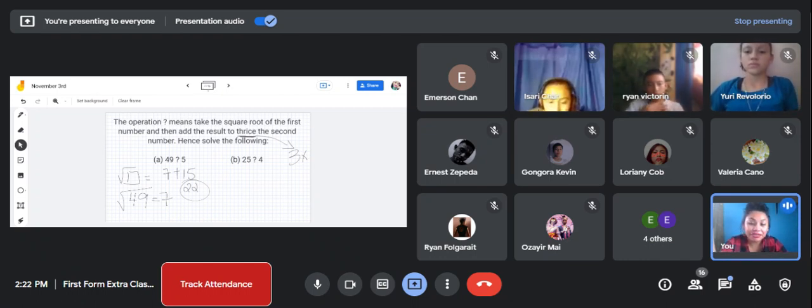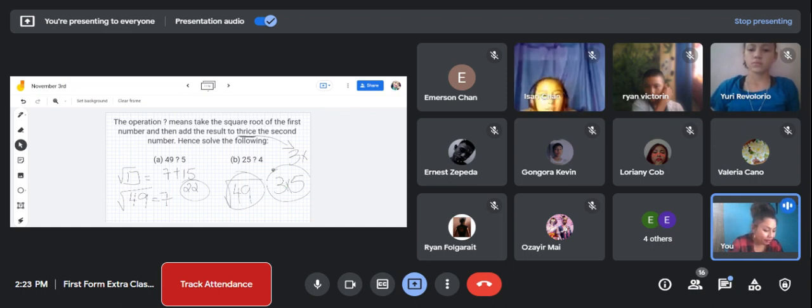Take the square root of the first number and then add the result to thrice the second number. So this is what it's saying. You're gonna take the 49 and you're gonna square root it. And then you're gonna take the 5 and you're gonna multiply it by 3. And whatever each one of these give you, you're gonna add them. That is what the question is saying.